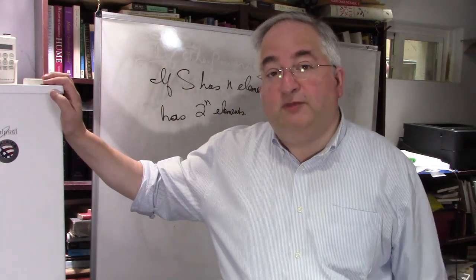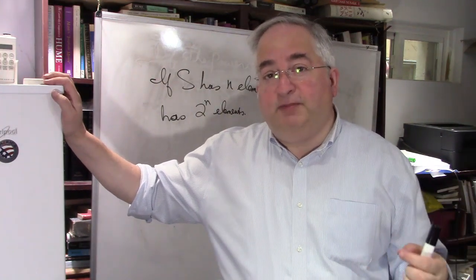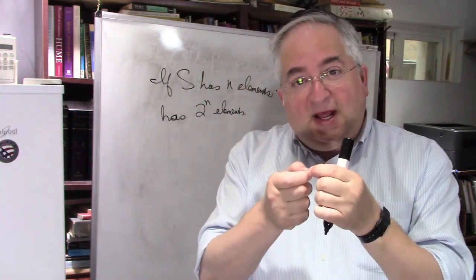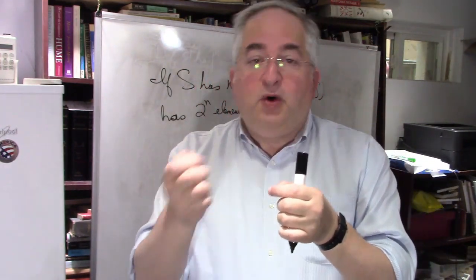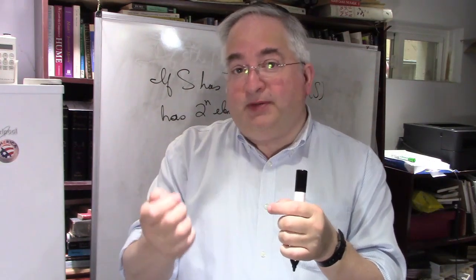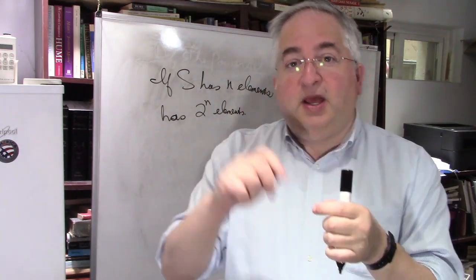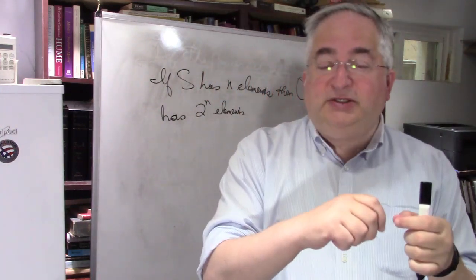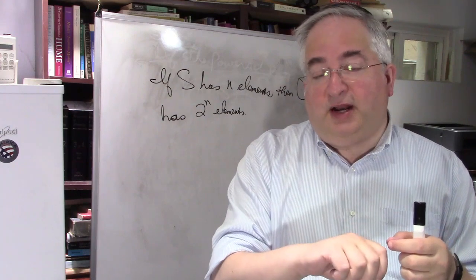It works on forever. Why does it work? Very simple. If you have an element in the set, then that element can be in a subset or it cannot be in the subset. So take the element B. It could be in a subset and it could not be in the subset. The element A could be in a subset, could not be in a subset. The element C could be in the subset, not be in a subset.